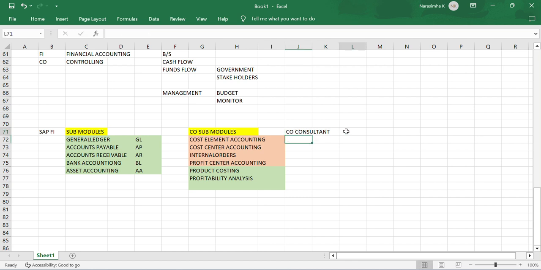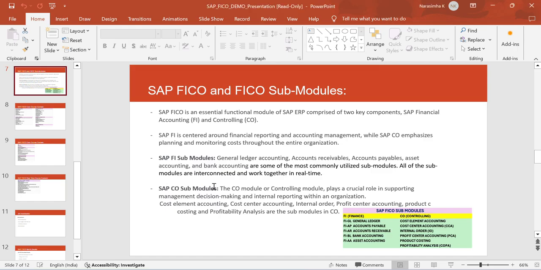A pure controlling consultant or CO consultant, only those people know all the full module details. FICO consultants know all the FI things, and CO up to this level they will know.